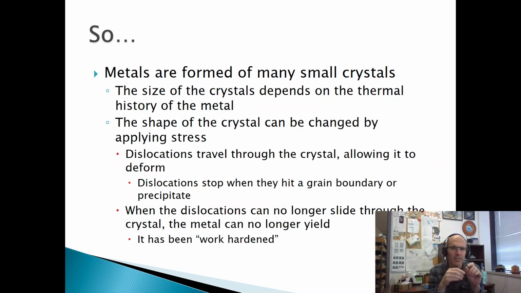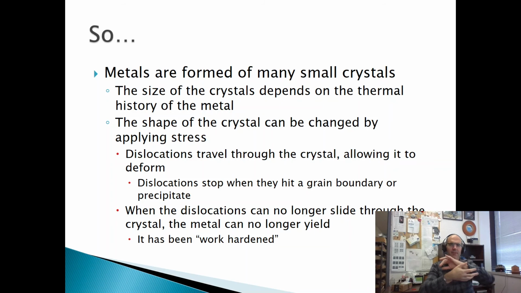So when your dislocations can no longer slide through the crystal, when all of them have slid to the point where they're trapped by precipitates or grain boundaries, the metal can no longer yield. It can no longer get longer or physically respond to the applied stress. It's been fully work hardened. At this point, if you pull any harder, the only thing left for the material to do is to break.